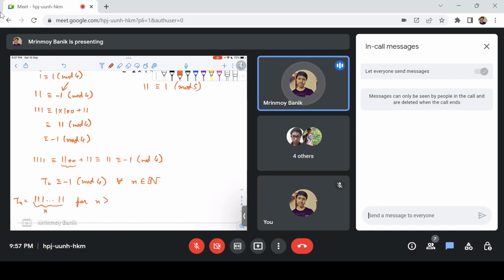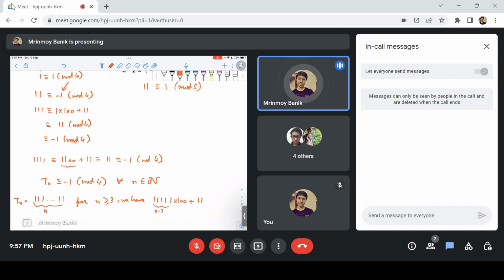For n greater than 3, we take the first n minus 2 ones, multiply it with 100 and add 11.